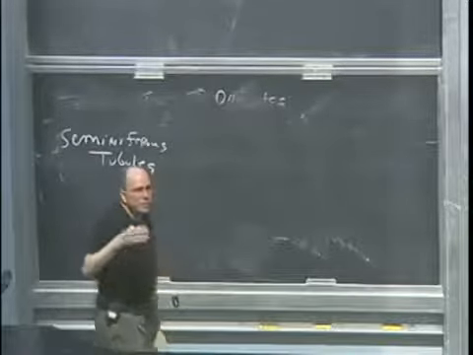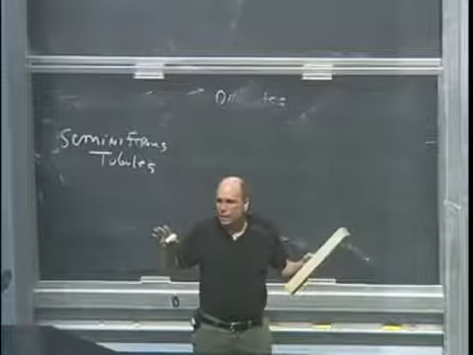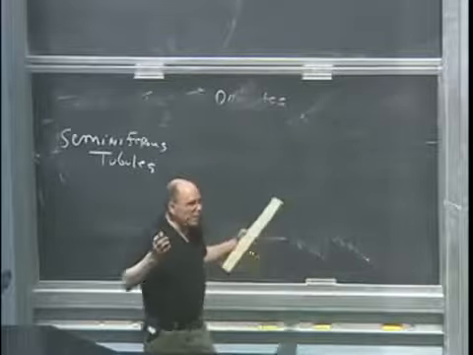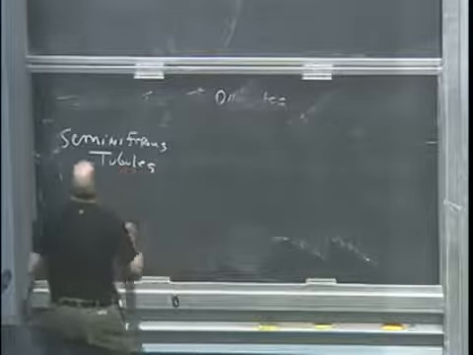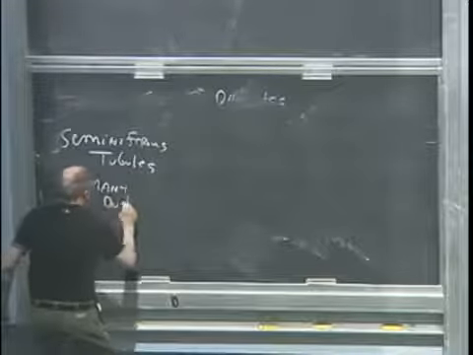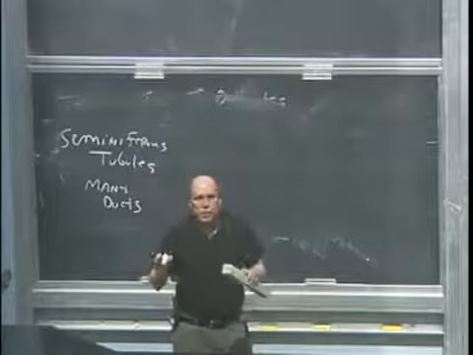And what do the seminiferous tubules look like? How did I describe it on Monday? Like a big ball of spaghetti, right? Or a big plate of spaghetti, I should say. And there's many ducts. And the spermatozoa that you produce there are not mature enough to function.